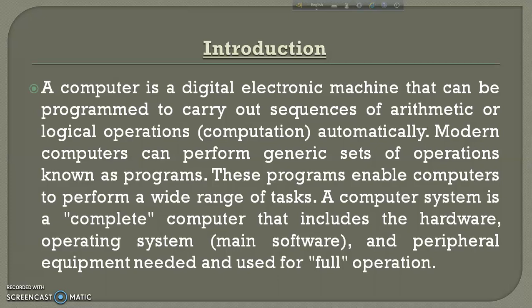These programs enable computers to perform a wide range of tasks. A computer system is a complete computer that includes the hardware, operating system, main software and peripheral equipment needed and used for full operation.